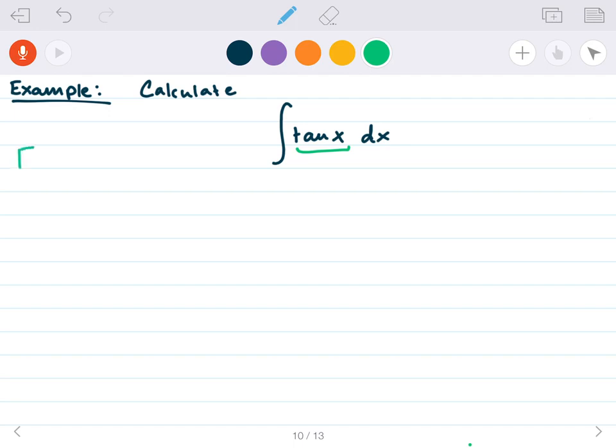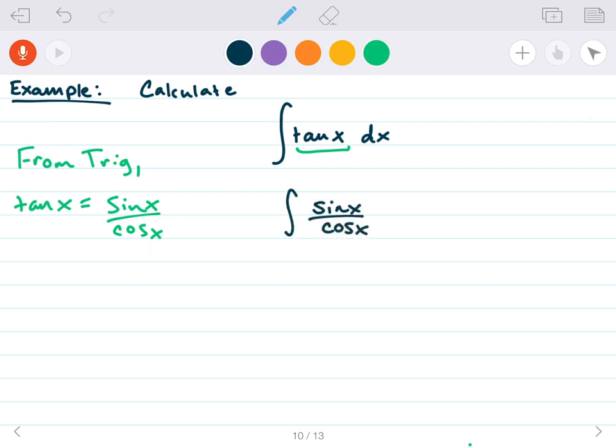So from trig, we know that tangent is equal to sine over cosine. So before I do any kind of u substitution, I'm going to say that tangent is the same thing as sine over cosine. And here we are.